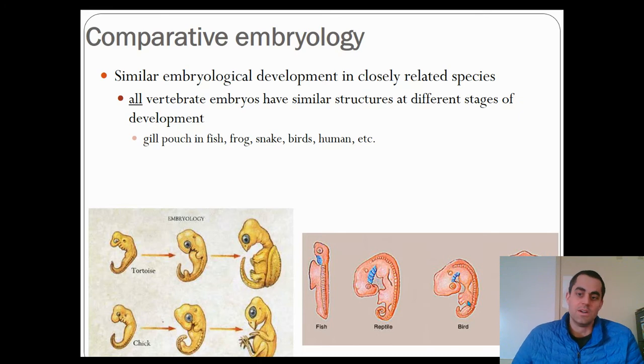So a bird, they get their oxygen in the egg just through gas exchange through the shell. Reptiles as well. And humans, they get their oxygen from their mother through the umbilical cord. And so the gills don't make sense. They're a vestigial structure. But it tells us that we share ancestry with things that use gills.